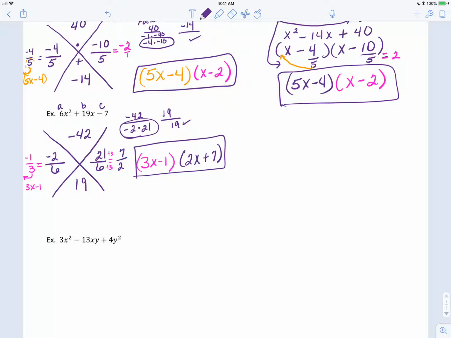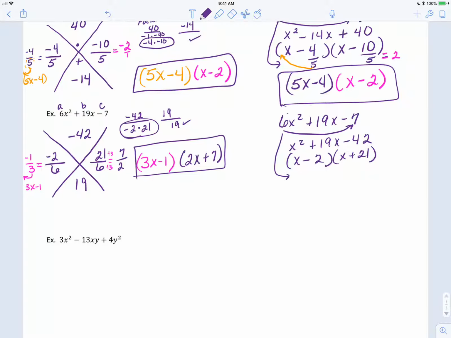Okay, I'll do the slide and divide real quick. So we're sliding down. Our factors here are x minus 2, x plus 21.